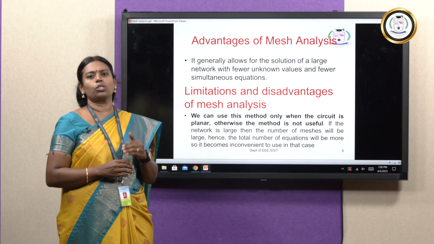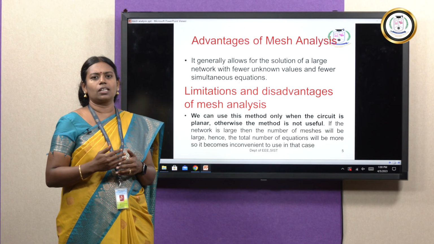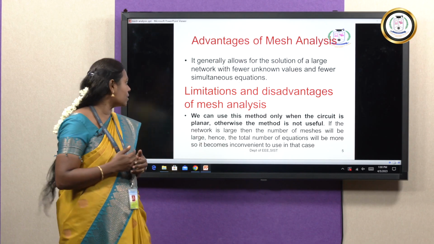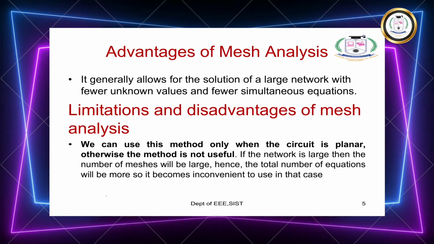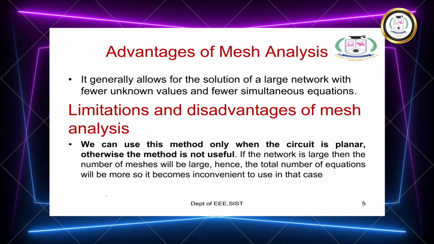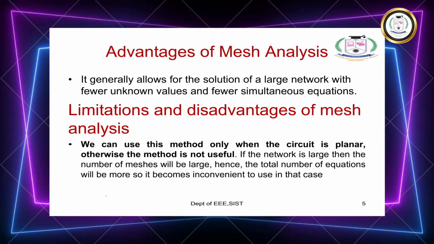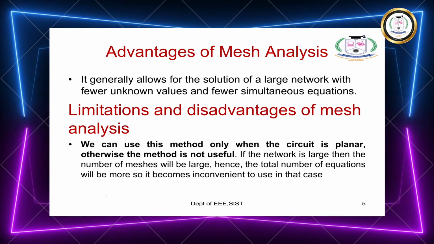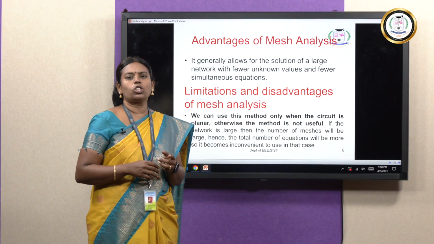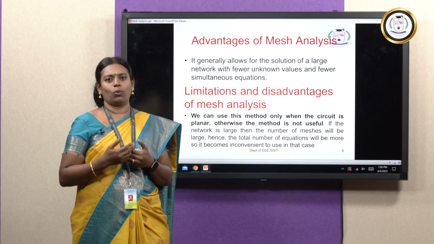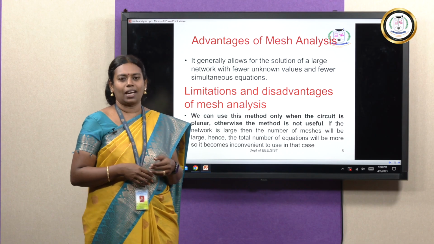Only for a planar surface can we use mesh analysis. If the network is large, the number of meshes will be larger, hence the total number of equations will be more, so it becomes inconvenient to use in that case. Limitations means it can't be used for larger networks. That is the limitation of mesh analysis.